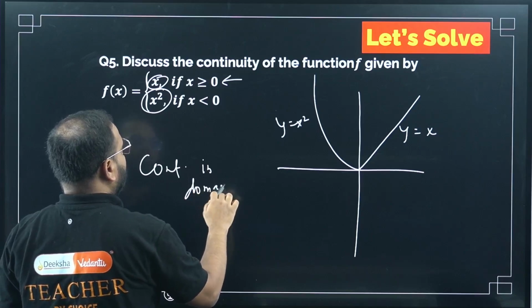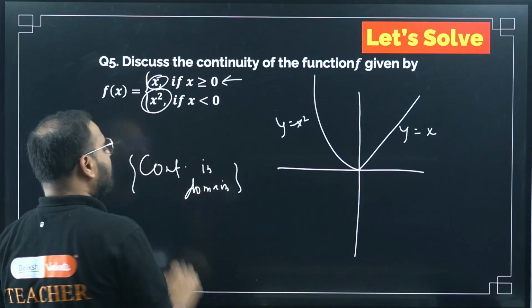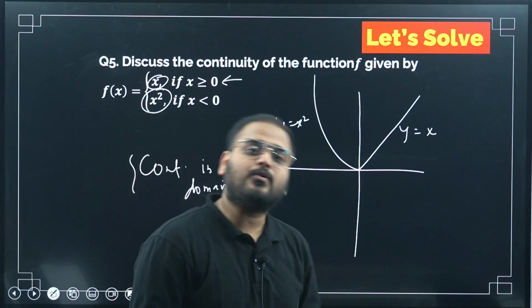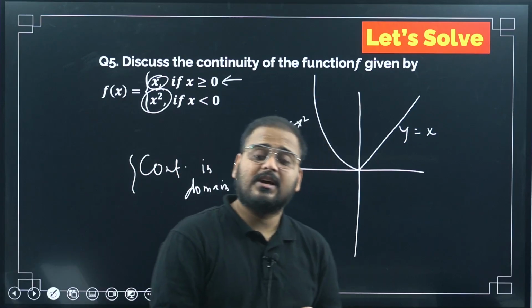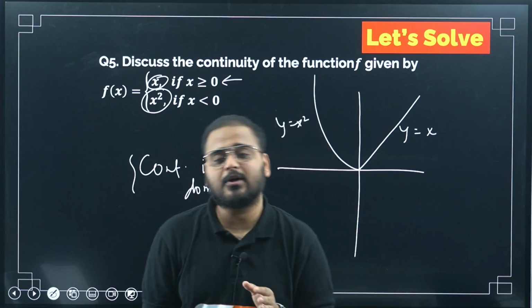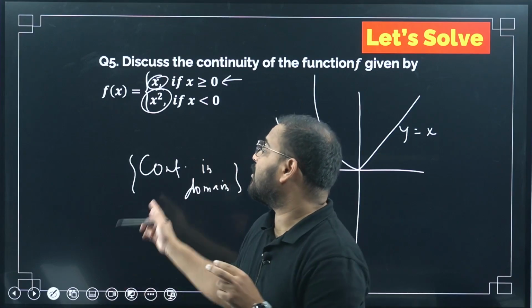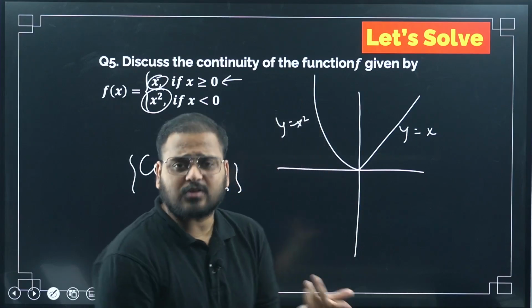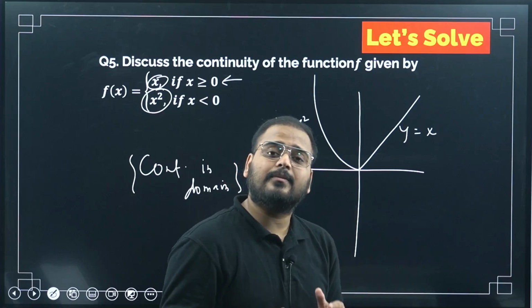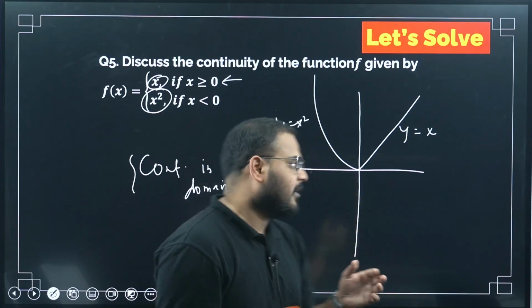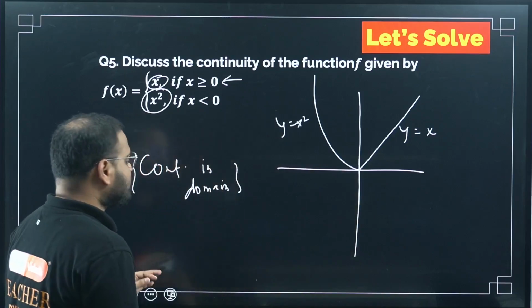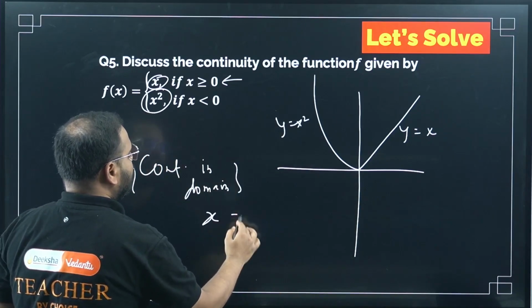Obviously, whenever we talk about continuity, what do we talk about? We talk with respect to the domain only. So the first thing was the limit should exist and should be equal to the function value at that particular point, and we talk about continuity only in the domain. Because limit also is talked about only in the domain. If you have revised, limits are defined in the domain only. We don't go out of the domain and define it. That's why, if you remember the first question, I wrote x not equal to minus 5.